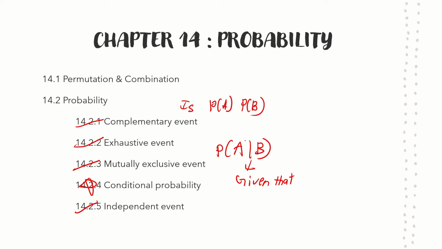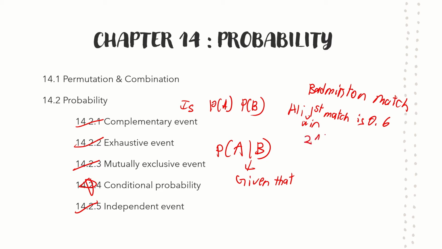If you want to find probability A, but the question already gives you the condition of B, like in a badminton match. Maybe the question gives you that the probability that Ali wins the first match is 0.6.